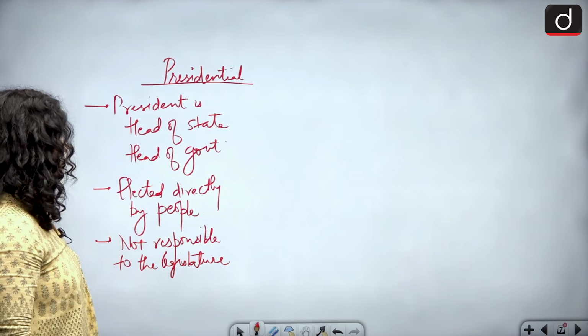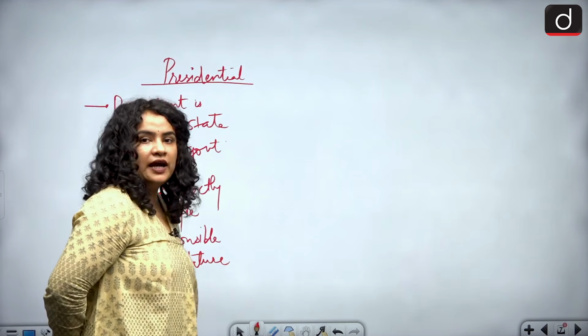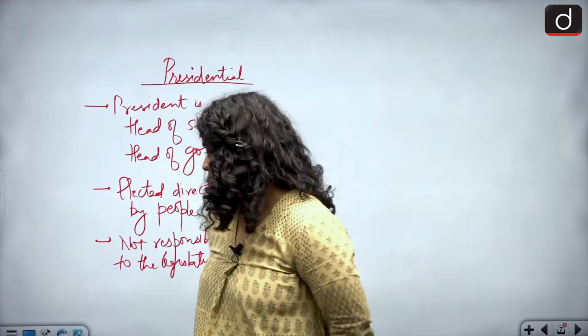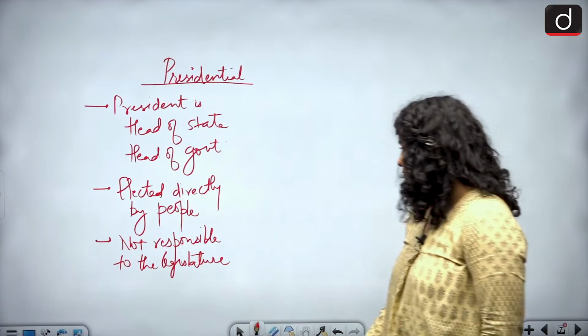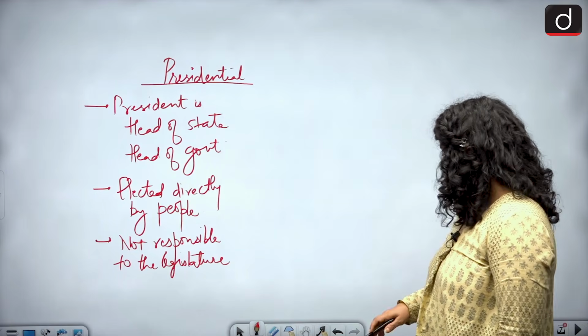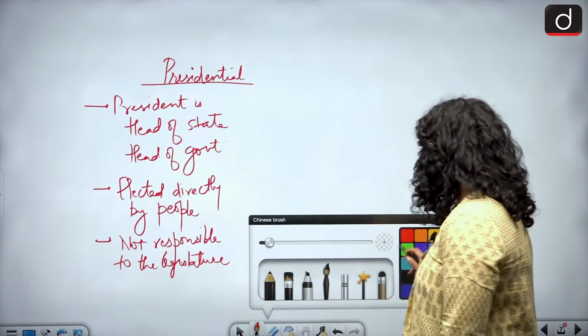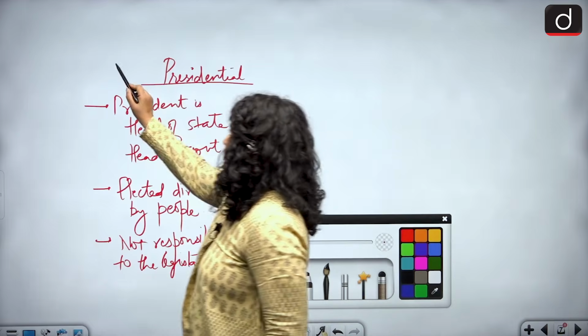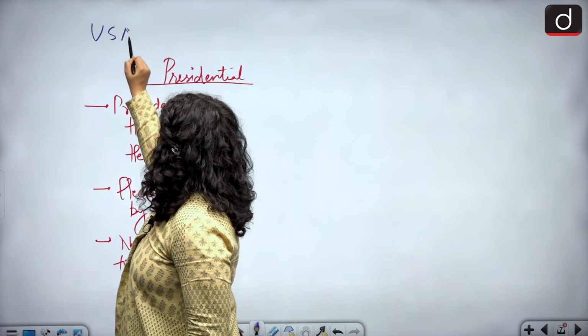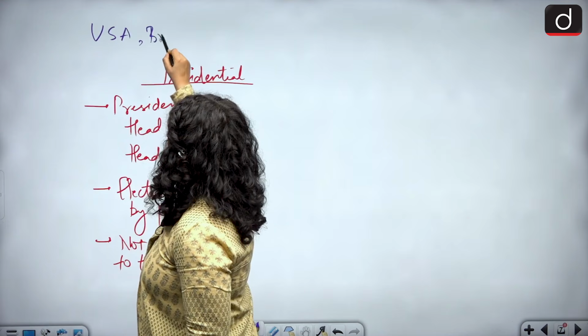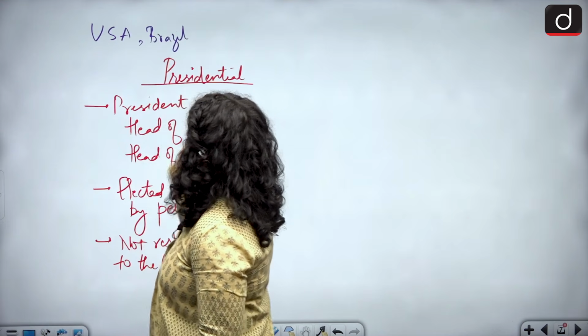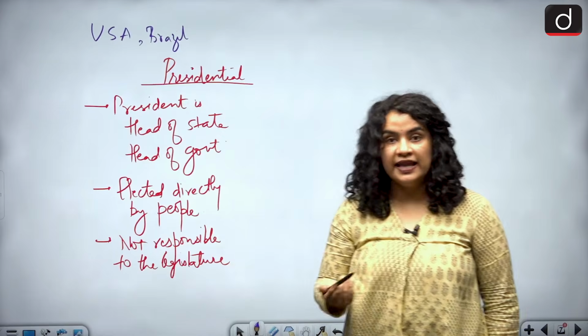So these are a few things that we ought to remember. What are the examples of this form of government? The examples are USA, Brazil, and quite a few countries of Latin America.